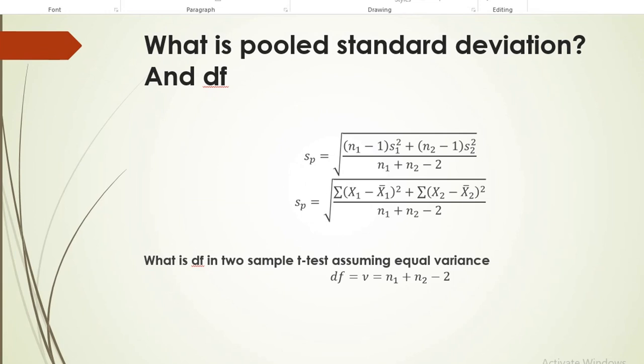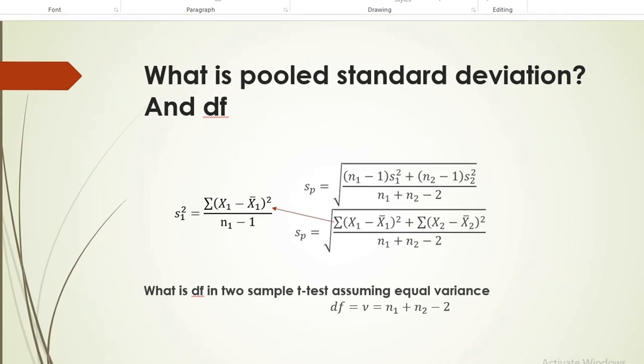So what is the pooled standard deviation and degrees of freedom in the second case? For the pooled standard deviation there are two formulas: one in terms of variances and one in terms of the sum of squared deviations. Where does this sum of squared deviations come from? This is the general formula of any unbiased sample variance.